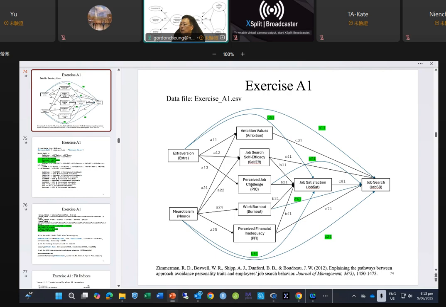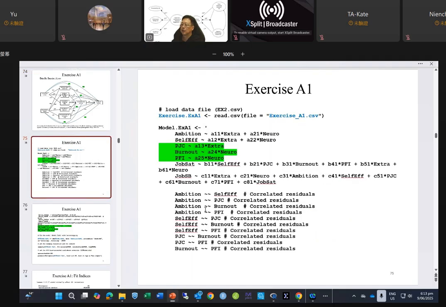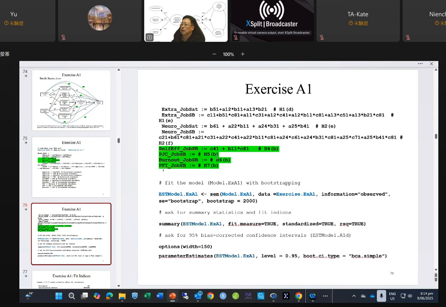Also, we have A13 times B21. So from extra to job satisfaction, we have one direct path, one indirect path, and a second indirect path. Here, you can see B51 plus A12 times B11 plus A13 times B21.